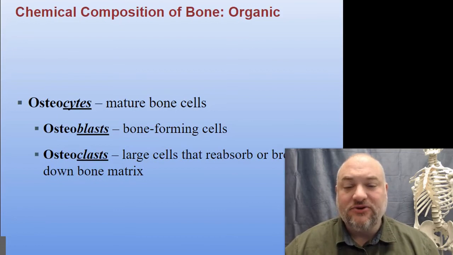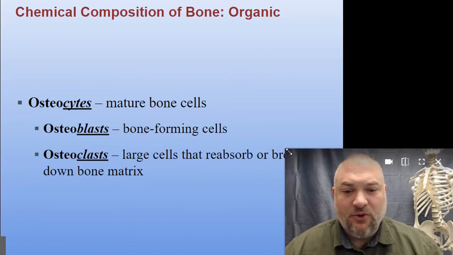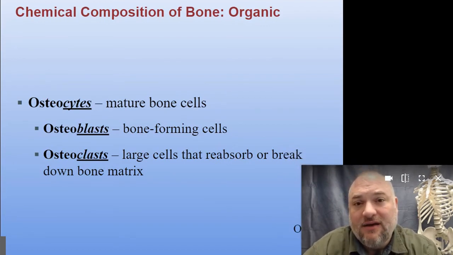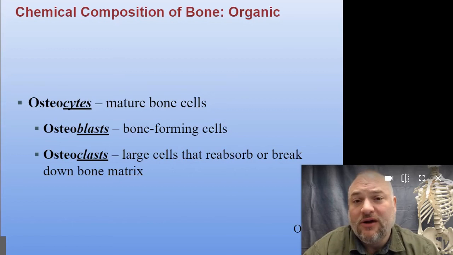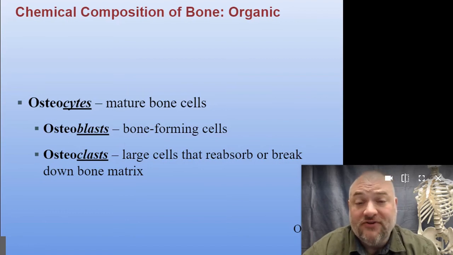On the other hand, osteoclasts are large cells that reabsorb or break down the bony matrix. Because remember, one of the main functions of bones, and arguably one of the most important functions of bone, is to store various minerals, particularly calcium salts and phosphates, which we need for muscle contraction and nerve transmission.